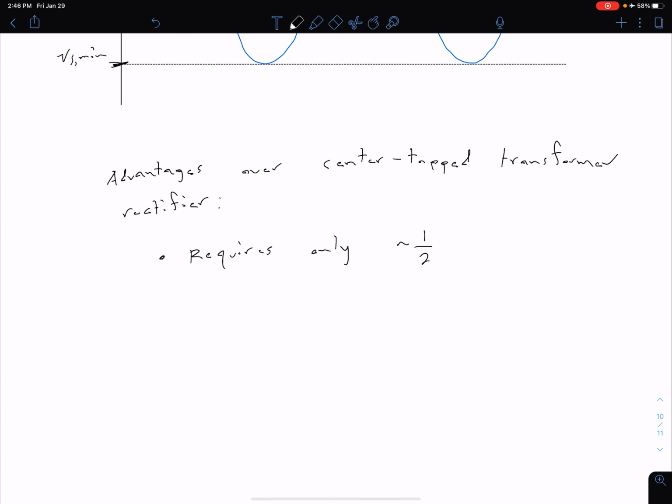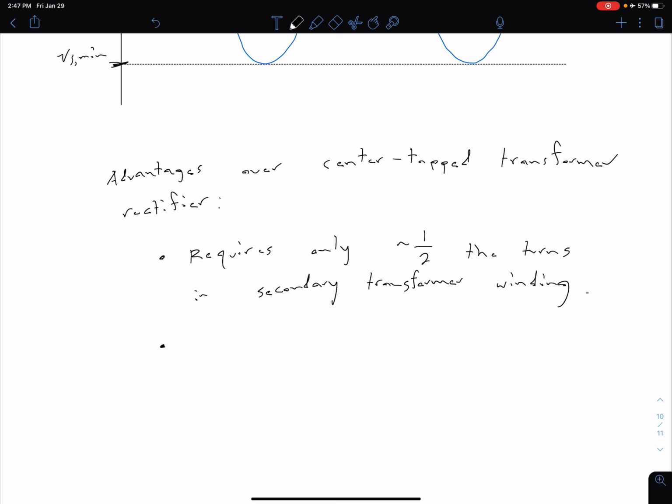So only about half the turns in our secondary transformer winding. Ultimately, what that translates to is less cost. We don't have to have as much material to create that secondary transformer winding, and we don't have to take up as much space putting more windings, depending on the size of this transformer.